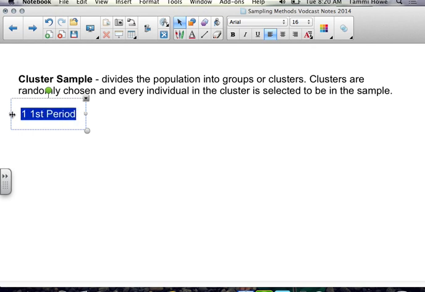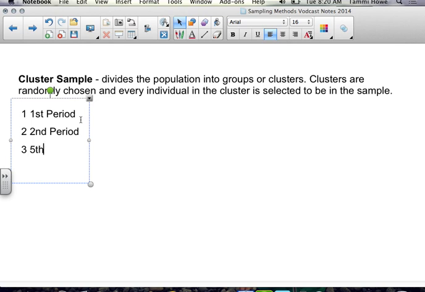And then we could label number 2 second period, and then 3 would be 5th period, and then 4 would be 7th period, and then 5 would be 8th period. All right, so there's our clusters.